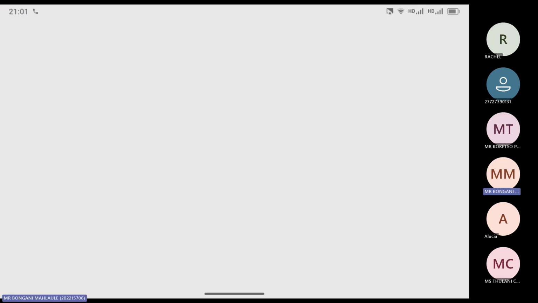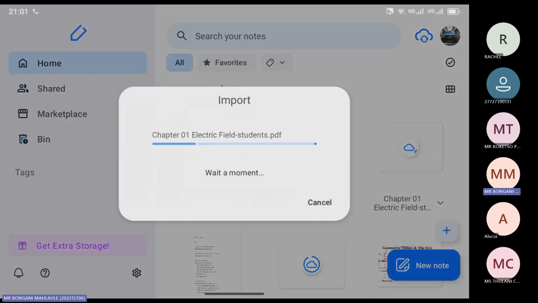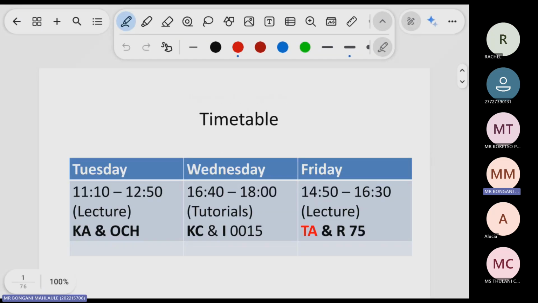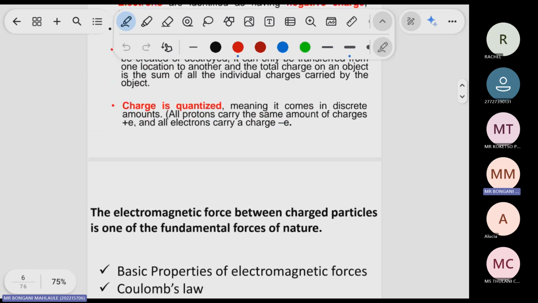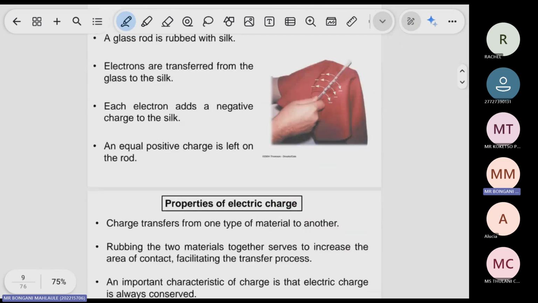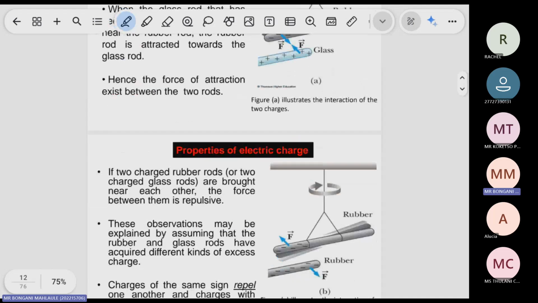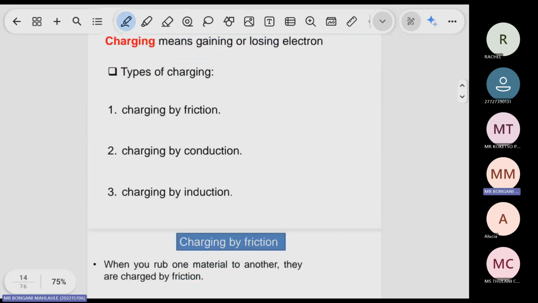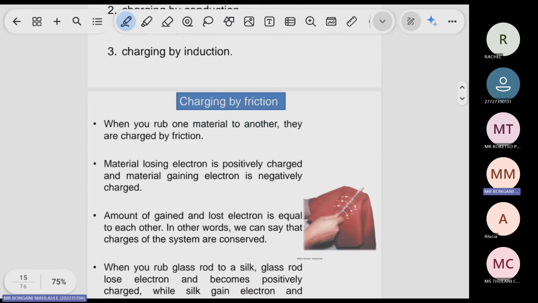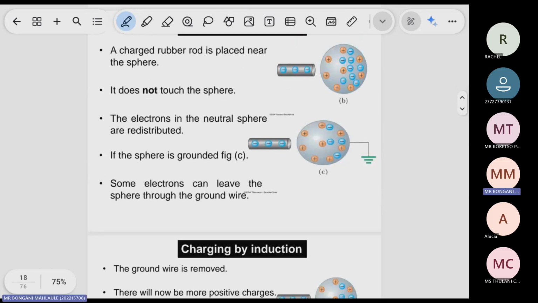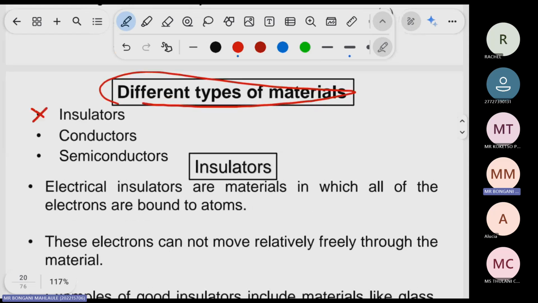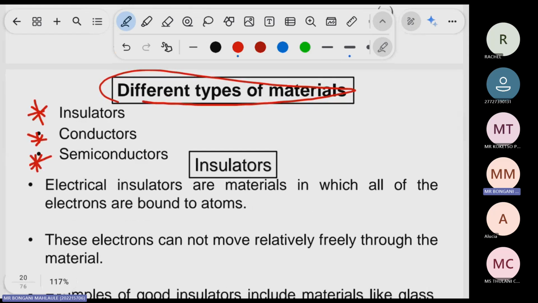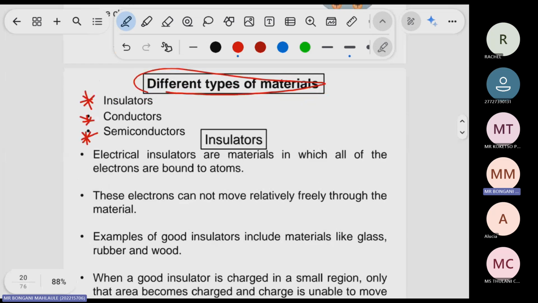I want us to discuss the differences between the conductor, the insulator, these ones. Those are different types of materials. You must know the difference between an insulator, a conductor, and a semiconductor, because in the multiple choice you don't know which one to choose, right?